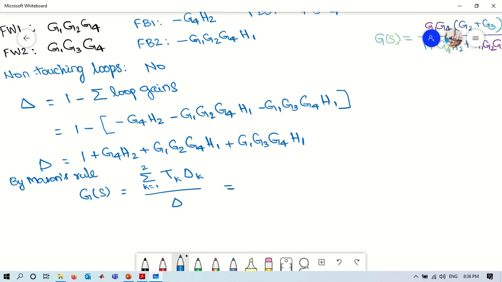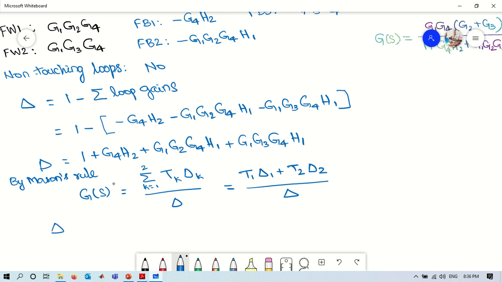Now in our case we have two forward paths, so I've taken K value from 1 to 2. So this is equal to T1 delta 1 plus T2 delta 2 divided by delta. Okay, so we need to find out delta K.